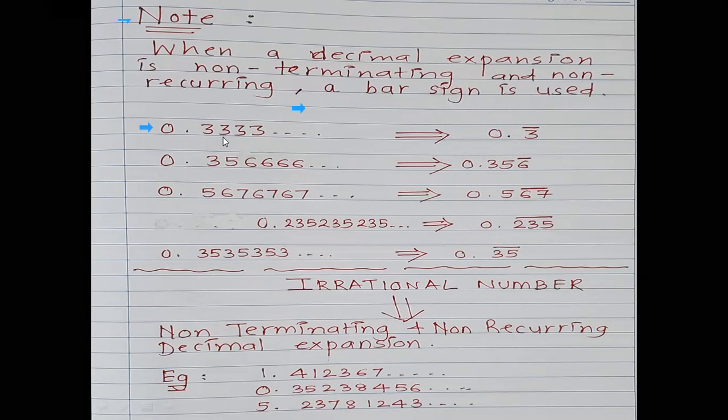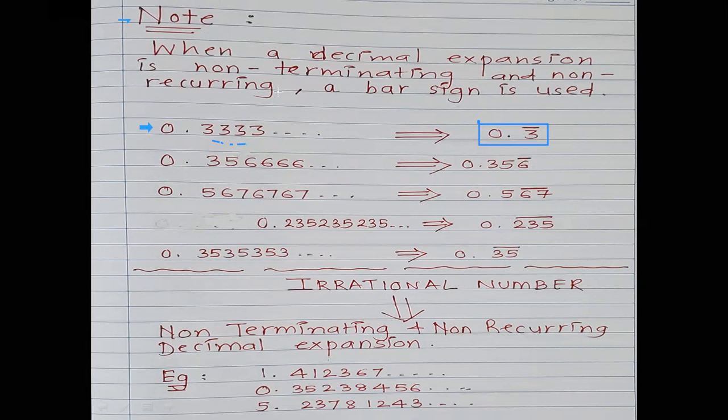Here, 3 is the number which gets repeated every time. Hence, it can be written as 0.3 bar. Over here, you will find that 0.333 is actually written as 0.3 bar. Here, the bar sign represents that the number 3 gets repeated, gets recurred, and is non-terminating.